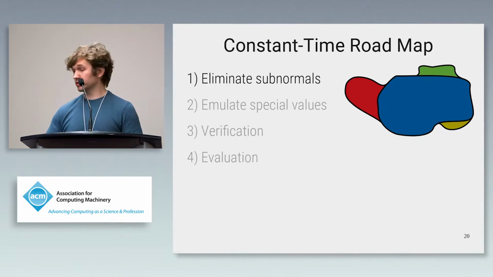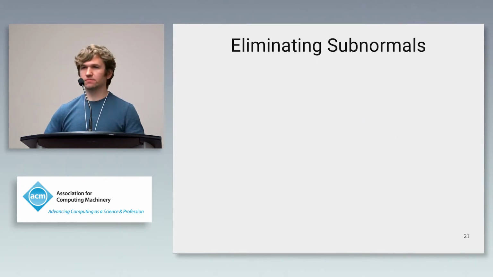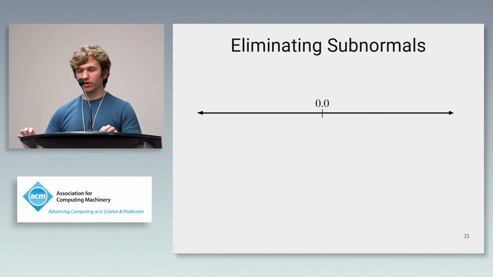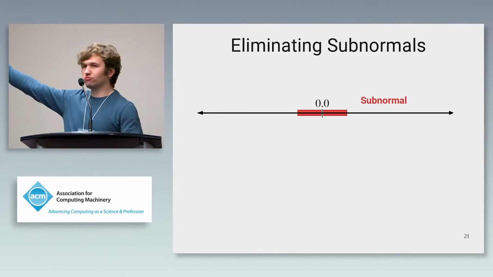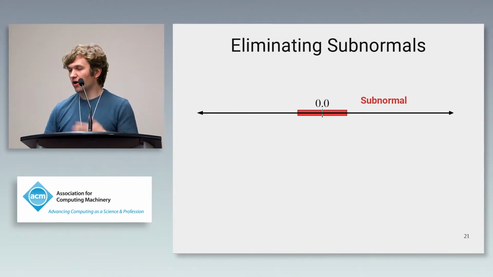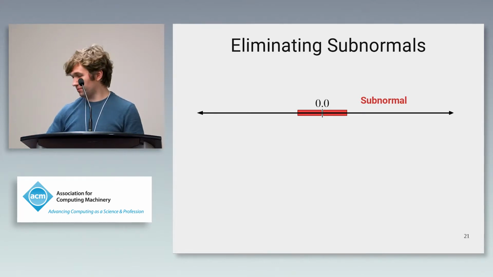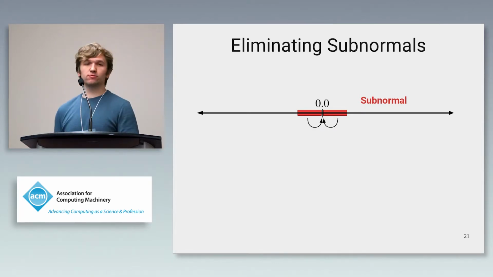Great, so I'm going to go into further detail about each one of these, starting by talking about how we eliminate subnormal numbers. So very simply, we can just think about a number line and where the subnormals fall on this number line. They're all really close to 0. And all we really want to do is to take all those subnormal numbers and replace them with 0.